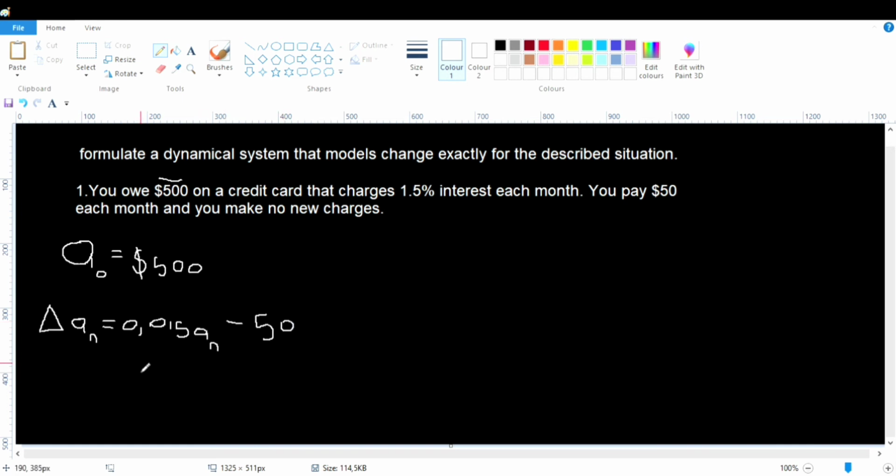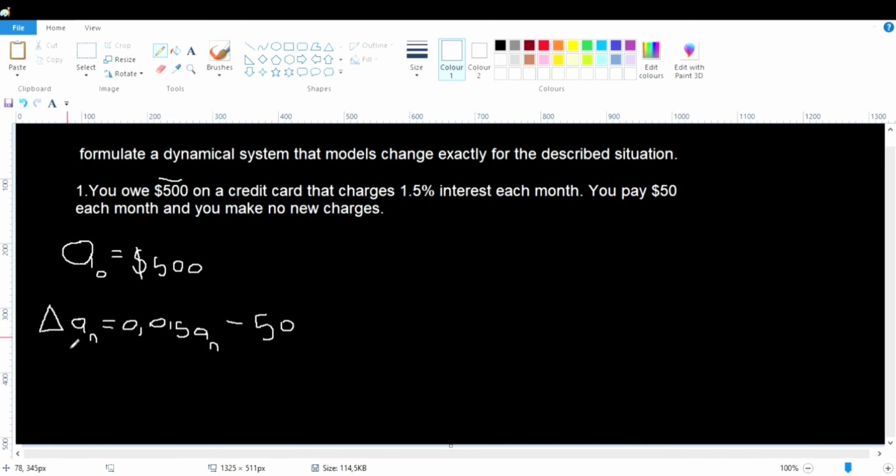The amount that you owe each and every month is going to increase by 1.5%, but you are going to minus $50 each month.